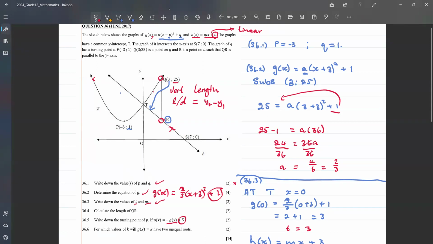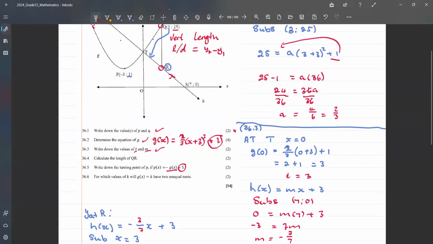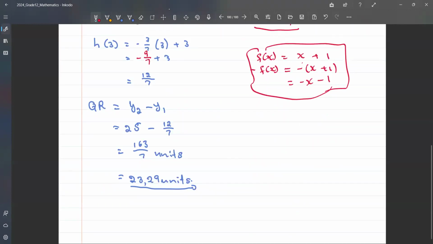The x coordinate of the function is not affected because we are not reflecting it on the y, we're reflecting it on the x. So the x parts are not affected. Now, from here, we then translate or shift the graph up by 5 units.